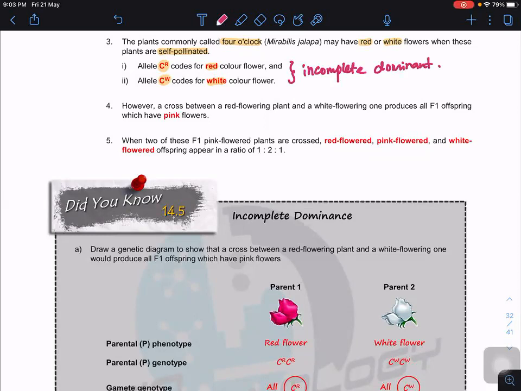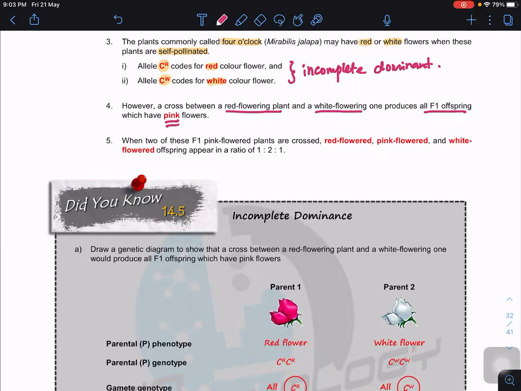If you cross a red flower plant and a white flower plant, they will produce all F1 offspring which are pink. It means an intermediate between the two. It's not totally red, it's not totally white, it's a blend of the red and the white color. Are you clear? It's a blend of red and white that gives us pink.